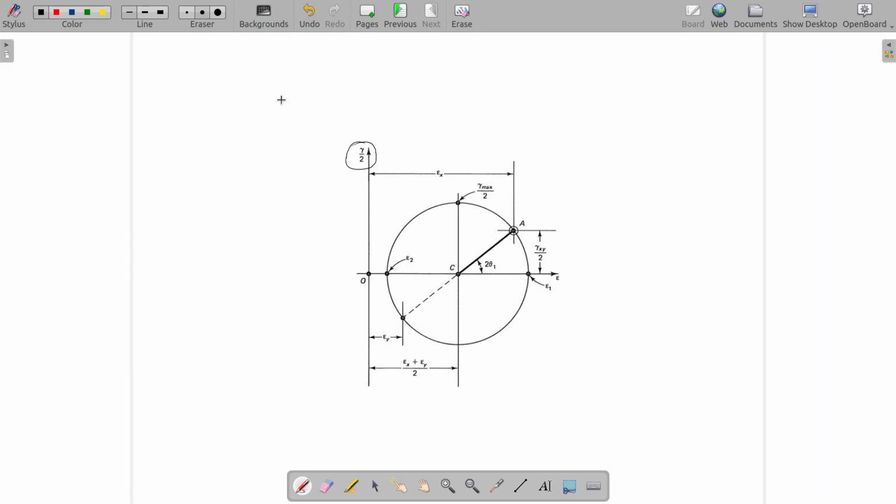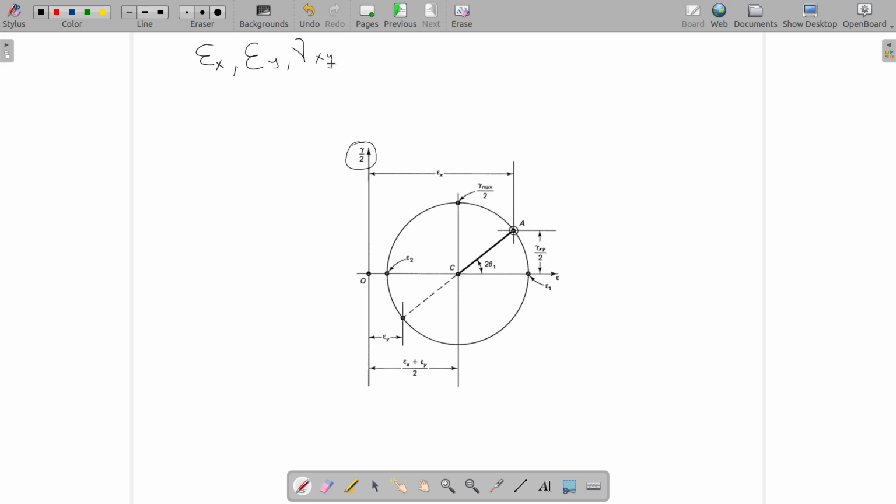So how can we write down equations for different components? Let's say we have a given system where normal strain values are epsilon x and epsilon y, and you have shear strain gamma xy.